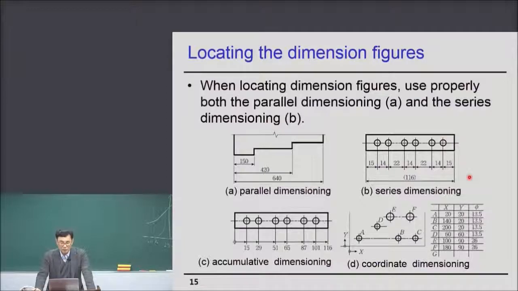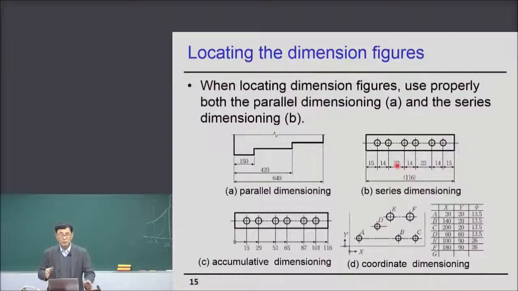So in series dimensioning, of course, the accumulation of general tolerance is possible. 15, 14, 22, the general tolerance is accumulated.